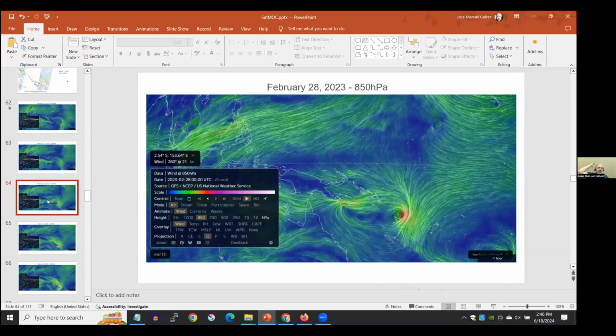Synoptic means weather systems that have scales of maybe 1,000 kilometers, maybe 2,000 kilometers, but not necessarily more than 3,000 or 4,000 kilometers. So big tropical cyclones, surface fronts like cold fronts, warm fronts, those are called synoptic scale systems, right?